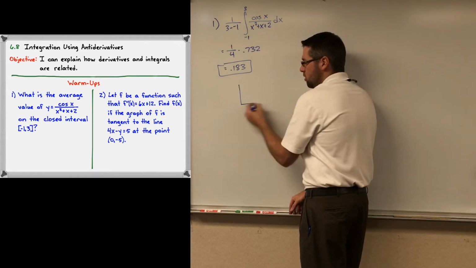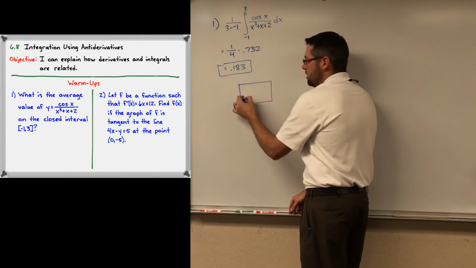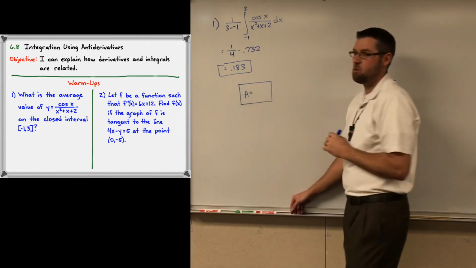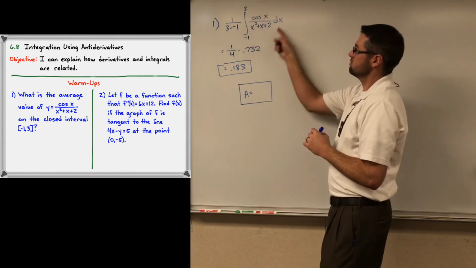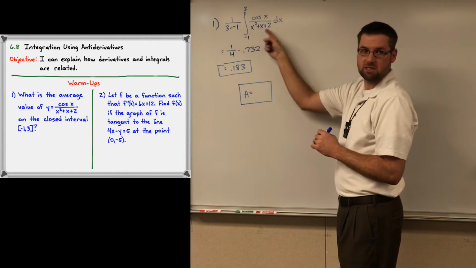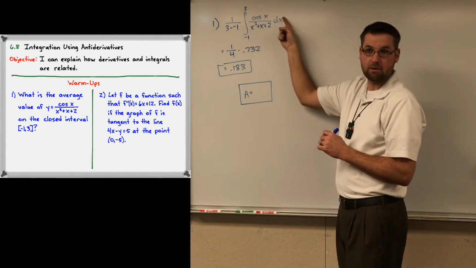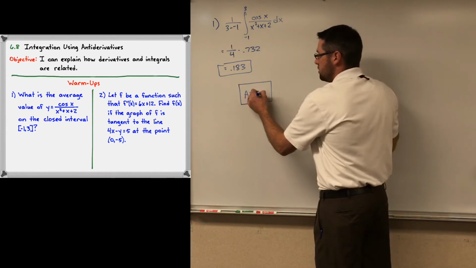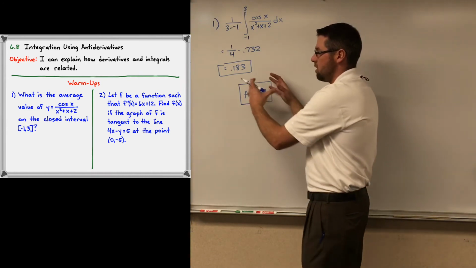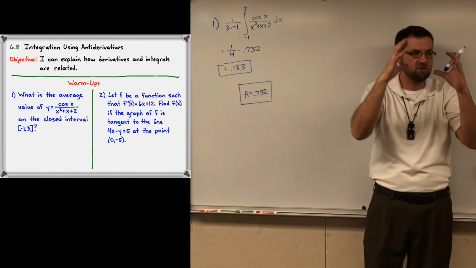Rectangle? So we're looking at this rectangle, and we know the area of this rectangle needs to be what? This represents the area of the rectangle, right? What was that? 0.732. So the area is 0.732. The amount of space underneath the curve is 0.732.